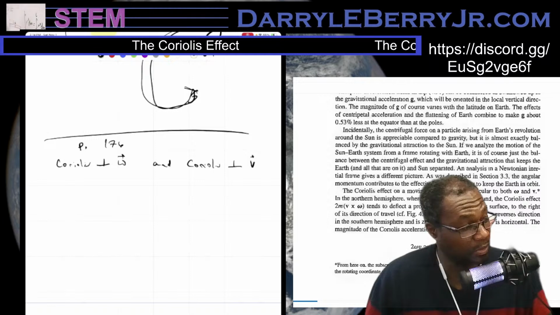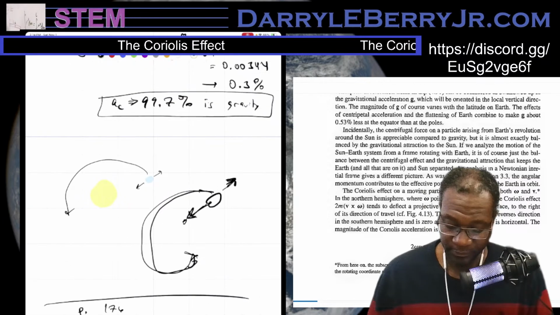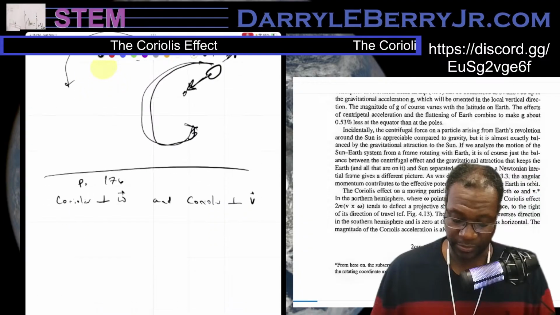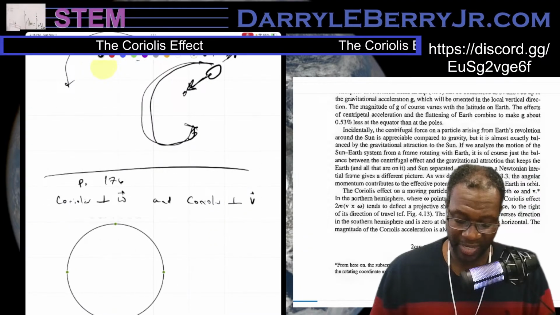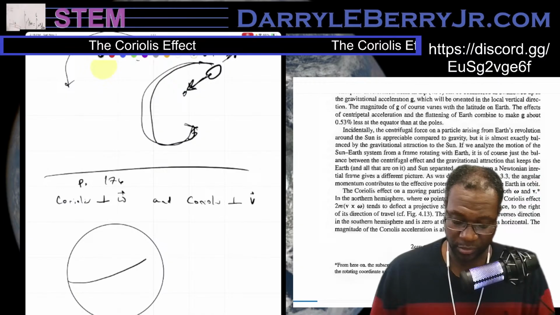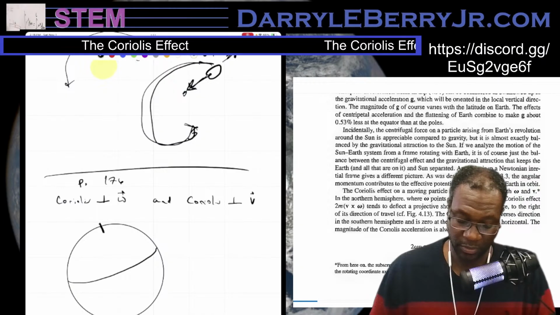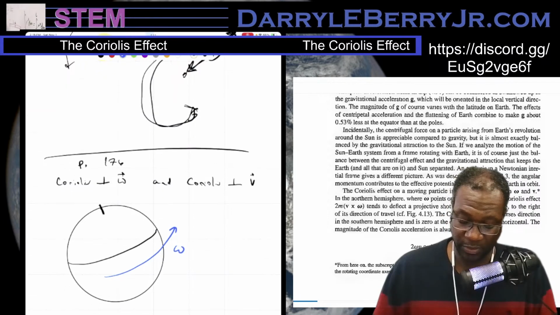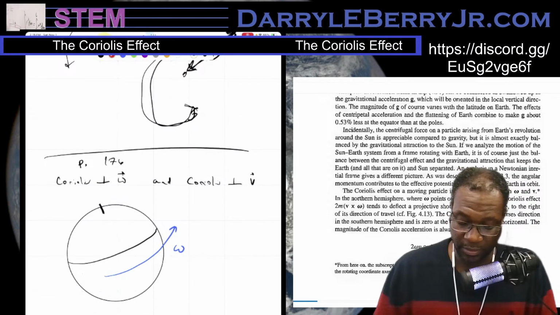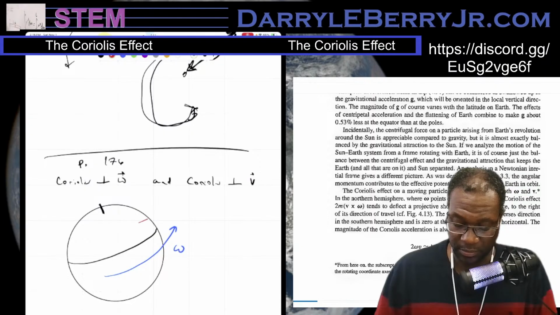Oh, hold up. How did I forget that? I was just saying earlier that omega, that centripetal acceleration, is countering gravity and throwing us into space, or trying to. So this is omega, and sorry, hold on.